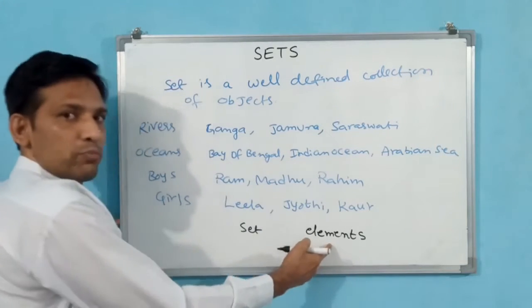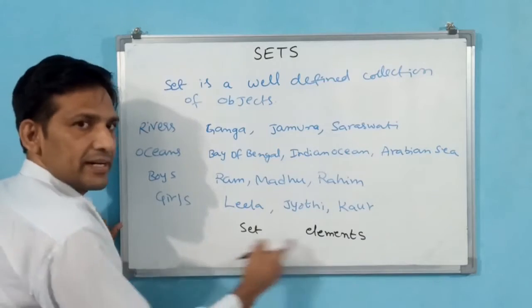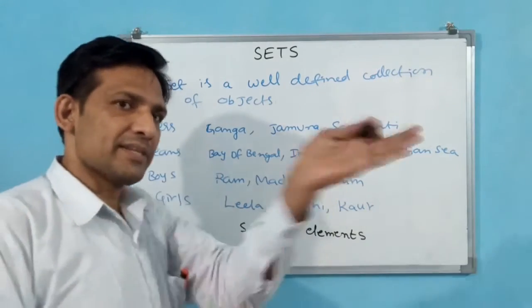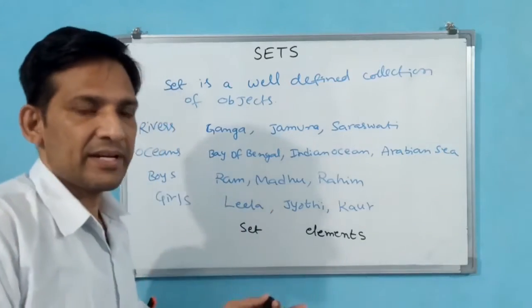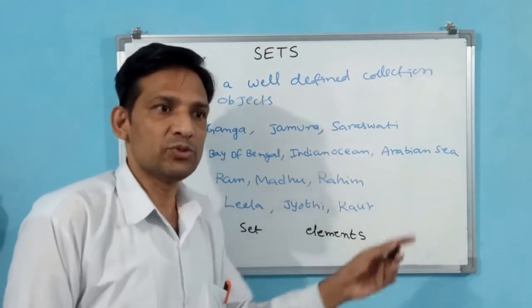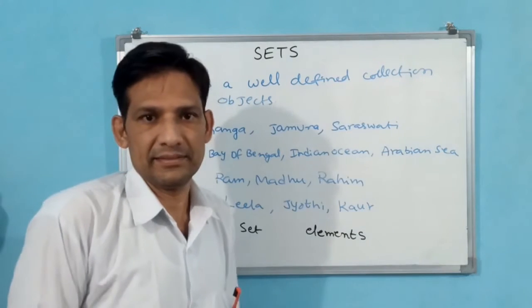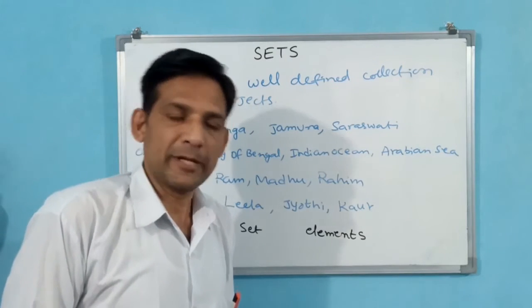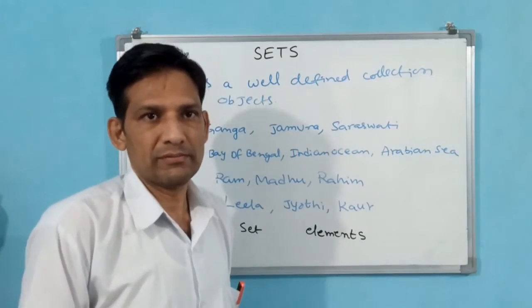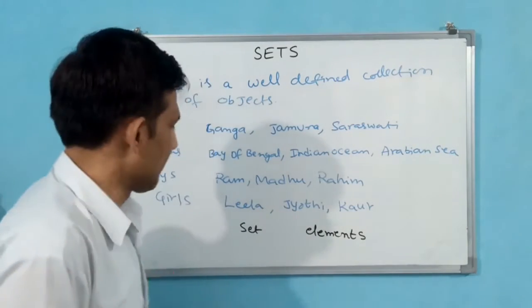Make it plural: sets contain elements. Separate sets will be there, but each set contains elements. Each class contains boys. Each school contains several classes. The Indian education system contains several schools. Like that you have to understand.